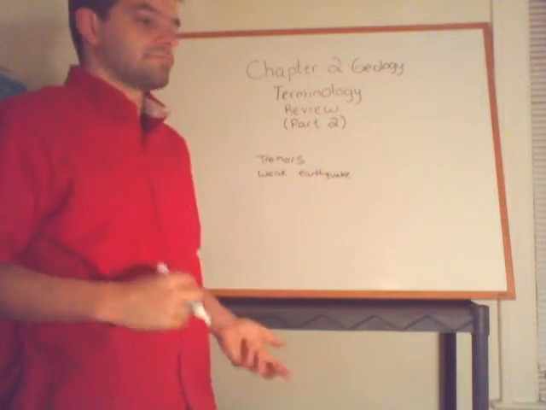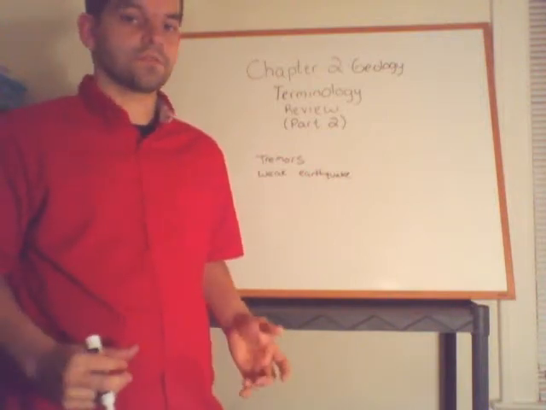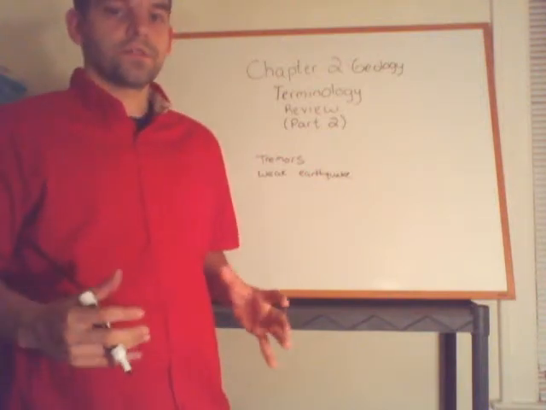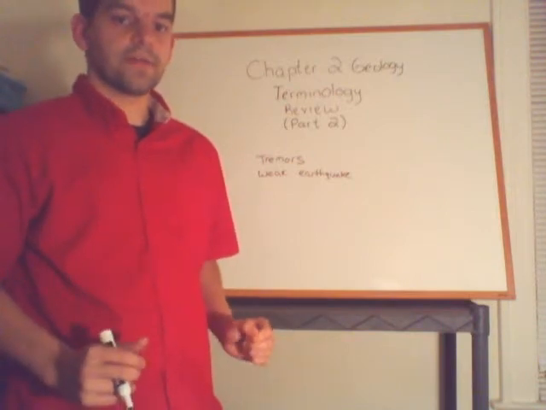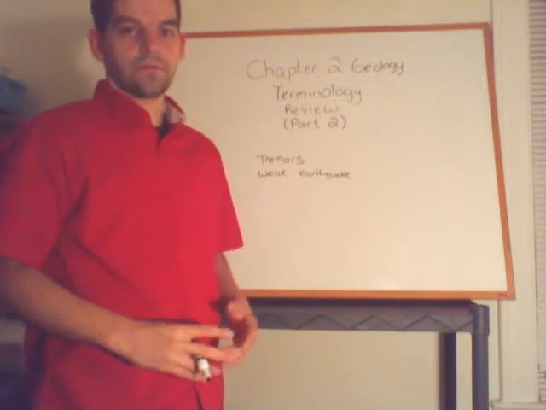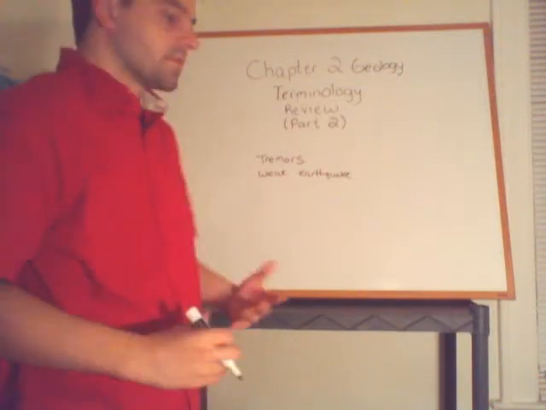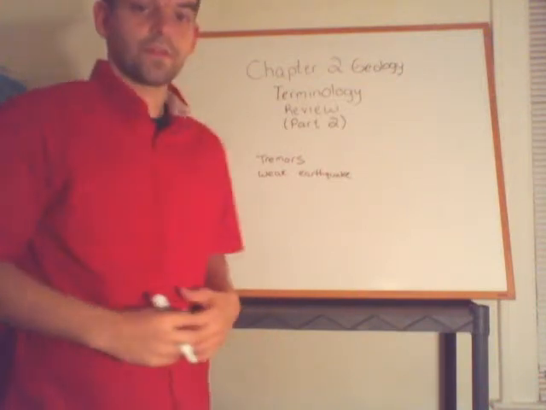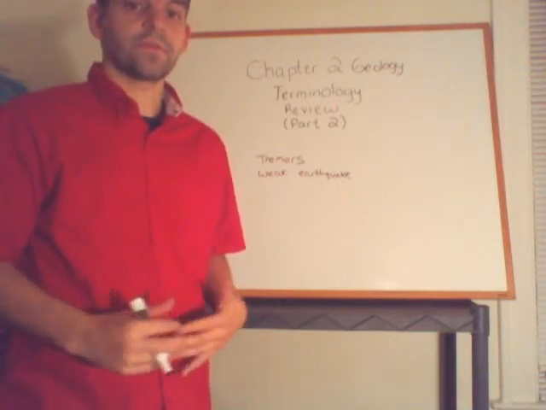So like on the Richter scale, so to speak, there wouldn't be much of an intensity reading from that scale. These are much weaker and lower impact earthquakes. Okay? But those are the definitions I wanted to introduce in the second part of our terminology review.